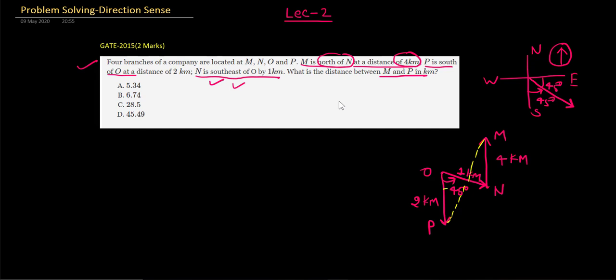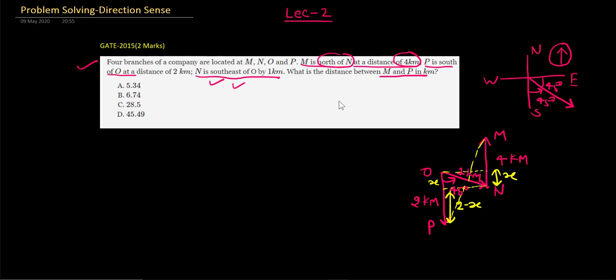The distance you don't know, just assume. Let's say this is our X. So this distance would be 2 minus X. And if you draw this, this would be our X again.